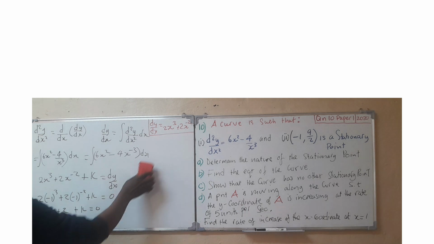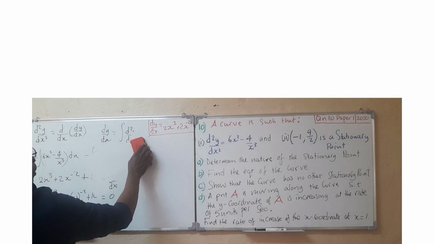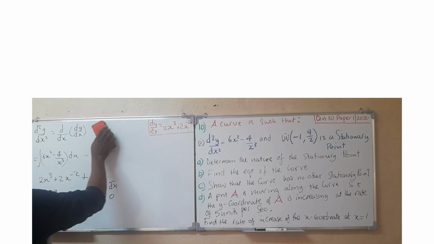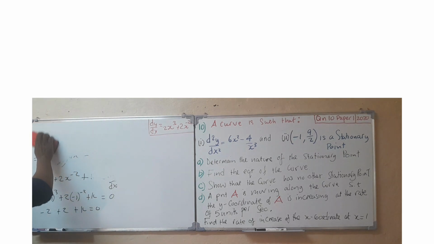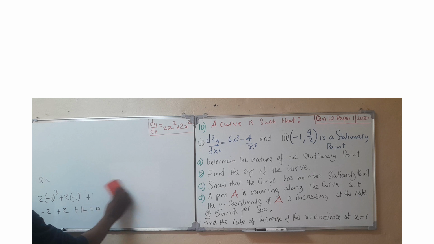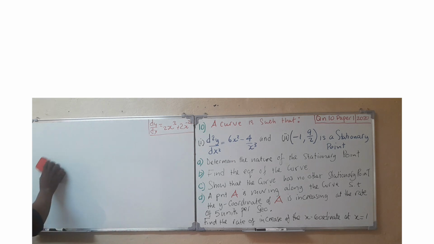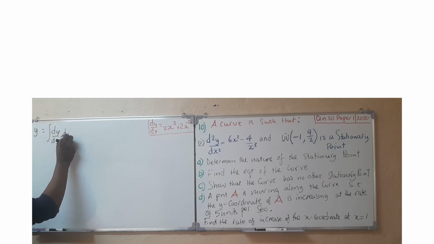But we haven't arrived at where we want to go, because what we want is y. So how do we get our y? Using exactly the same reasoning as before, we know very well now that y will be equal to the integral of dy/dx with respect to x.